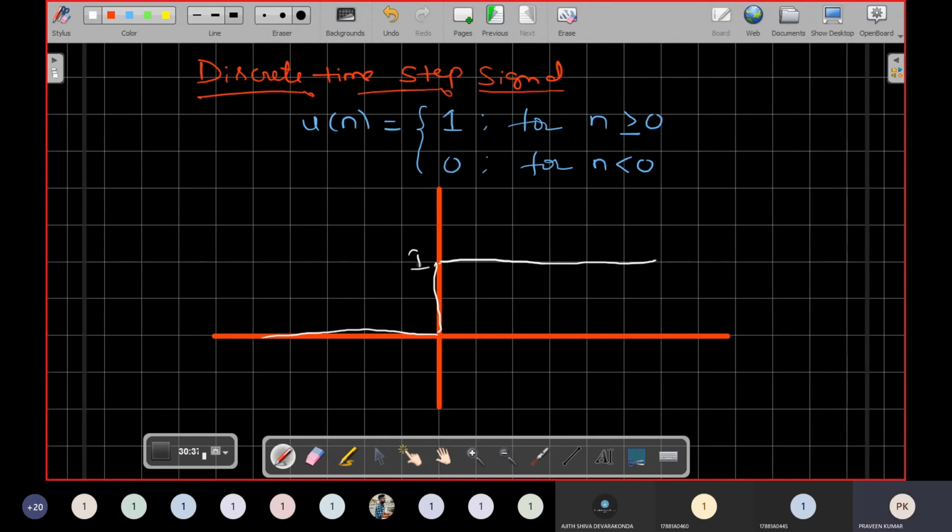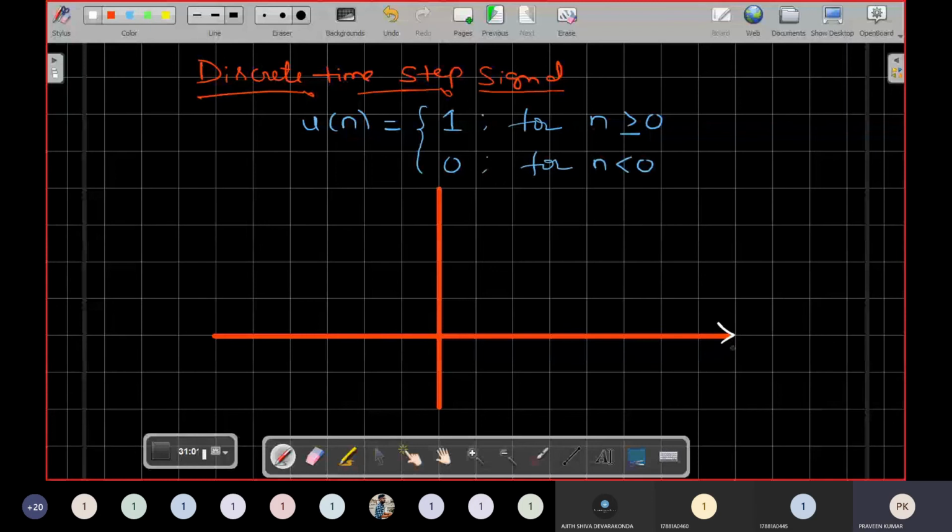The discrete time signal exists only at the discrete time intervals, not at every time. It is not continuous, it is discrete. So you have amplitudes only at the discrete time intervals. Let's see.